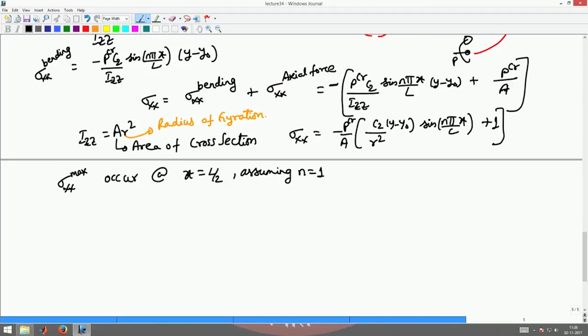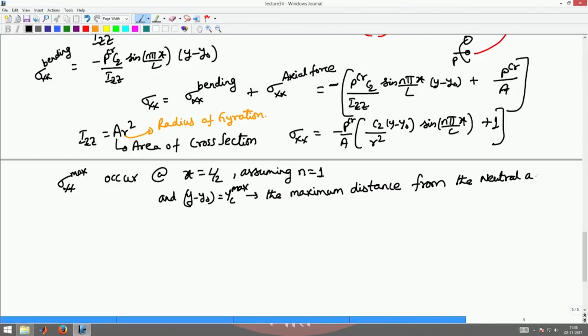And then what you get is at x equal to L by 2, assuming n equal to 1 and y minus y naught is equal to y max in compression, the maximum distance from the neutral axis to the compression fiber, which will be on the top usually.